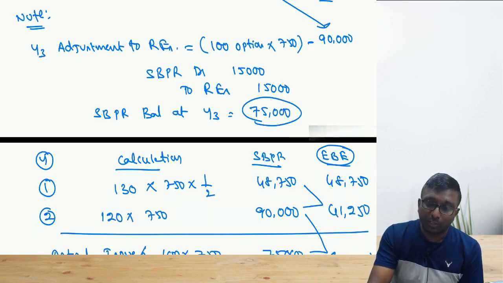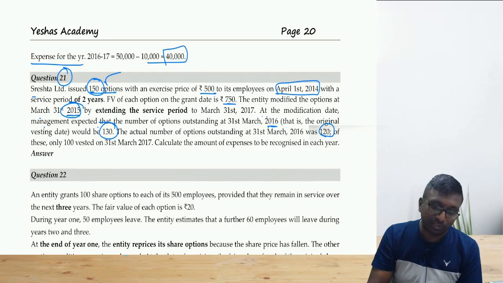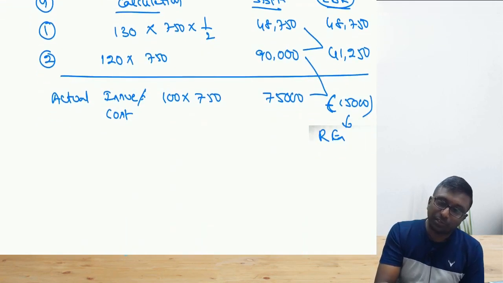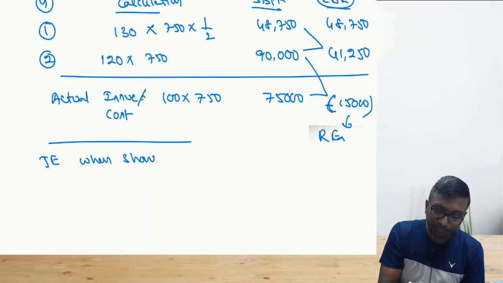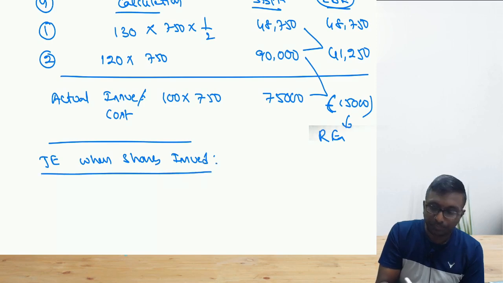How many people got it? 100 people have got it. Now, have they given the face value? Not given. When they issued, you write the journal entry. Journal entry when shares are issued.